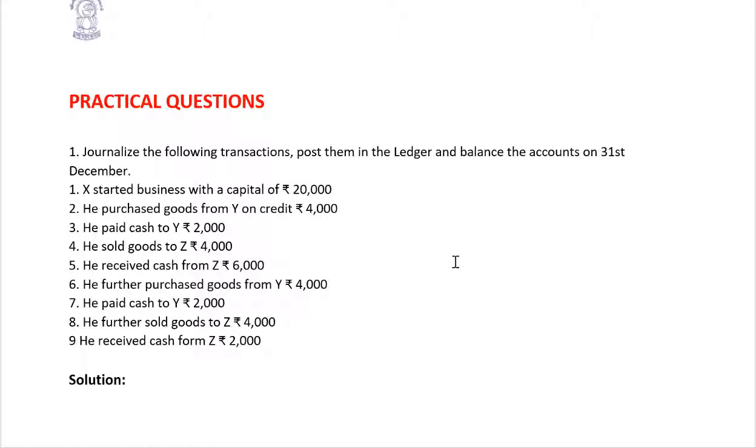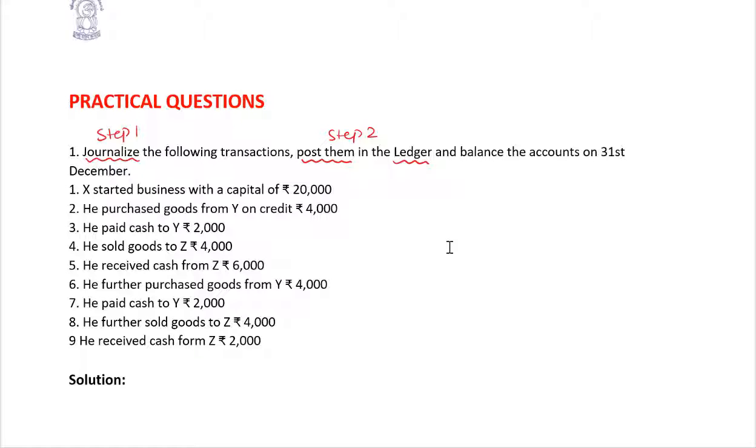Let's see this practical question. Journalize the following transactions and post them in the ledger. So first we have to pass the journal entry. This is step 1. Then we will post them into the ledger, that is step 2.